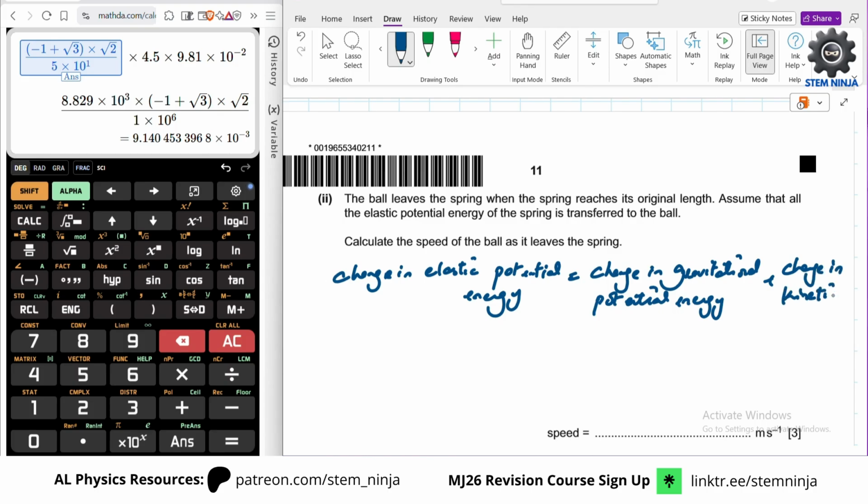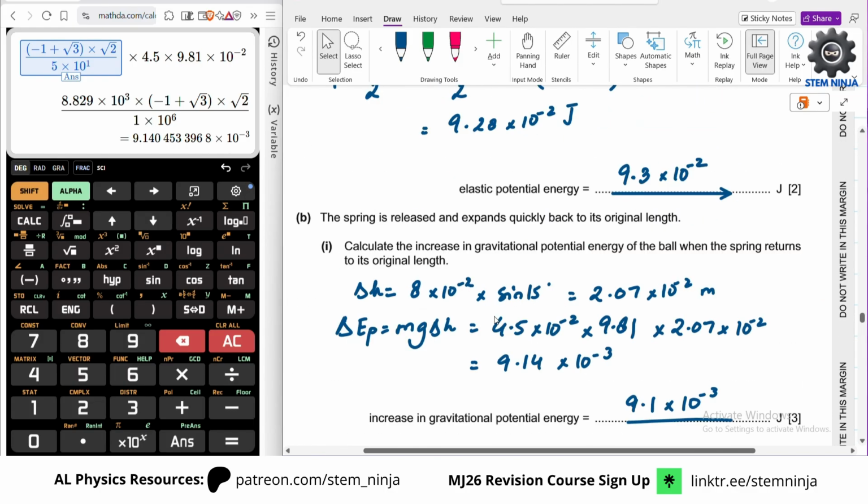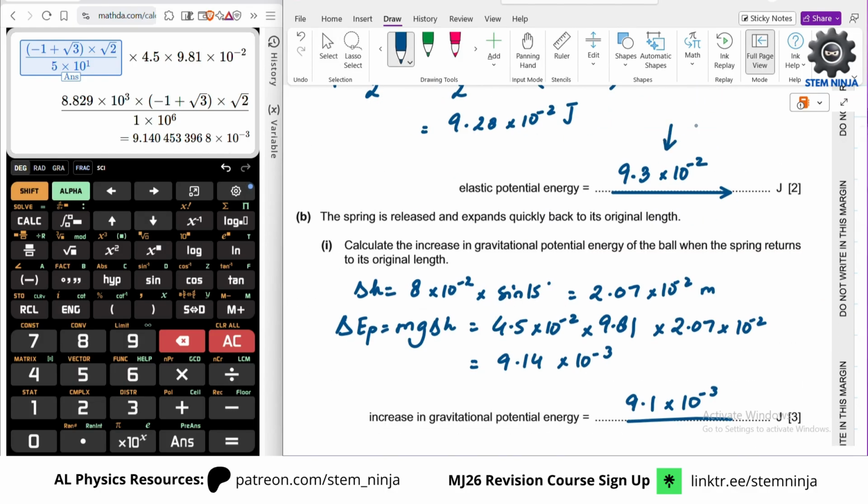So we basically need to know the change in kinetic energy, delta EK. Delta EK would be 9.3 times 10 raised to the power minus 2 minus 9.1 times 10 raised to the power minus 3 joules. Sorry, this is 10 raised to the power minus 2.